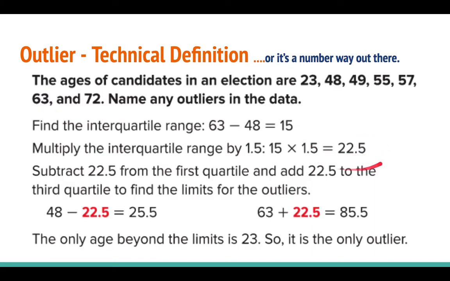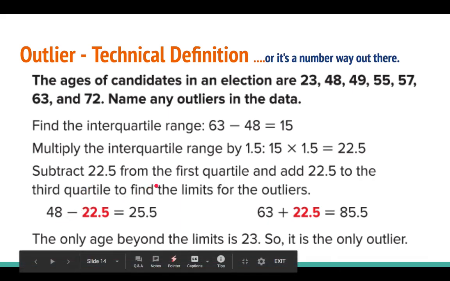So we just found this 22.5, and now we're going to subtract it from Q1 and add it to Q3 for two different numbers. What this tells us is, are there any of these candidates' ages that are outside of this range and outside of this range?